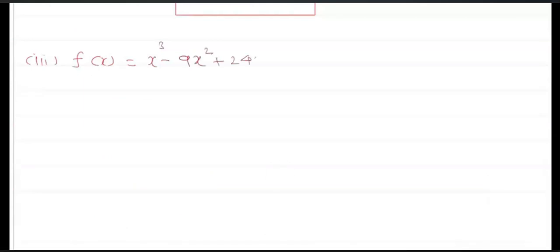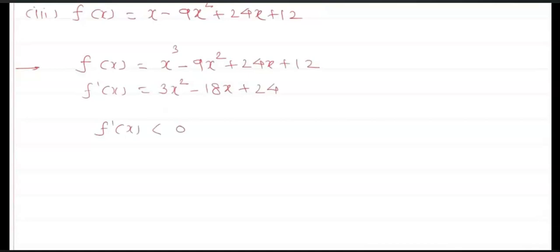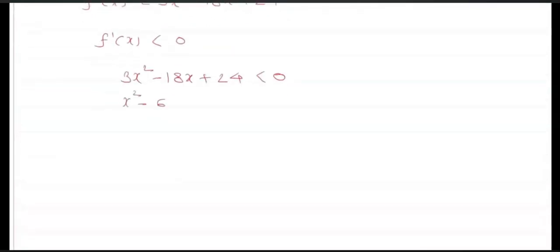Again, f of x is equal to x cube minus 9x square plus 24x plus 12. For decreasing, f dash of x is less than 0. 3x square minus 18x plus 24 is less than 0. If we take 3 as common, then x square minus 6x plus 8 less than 0.